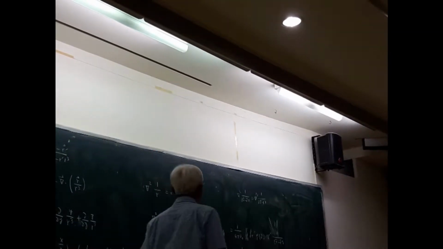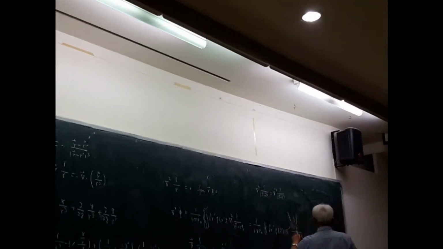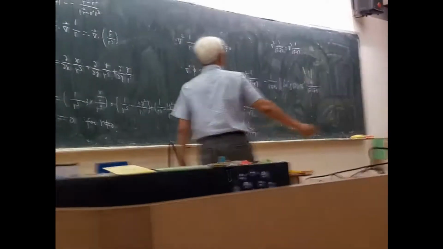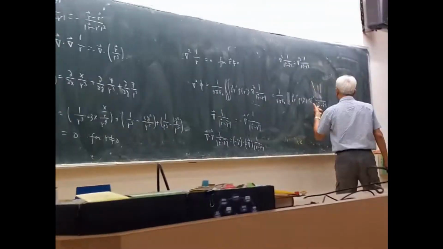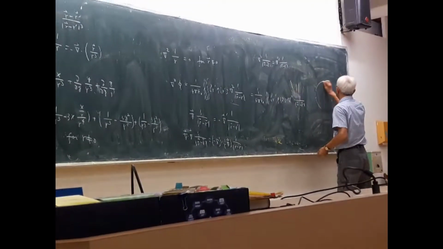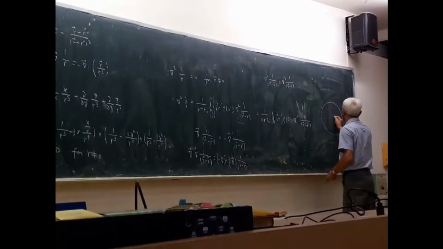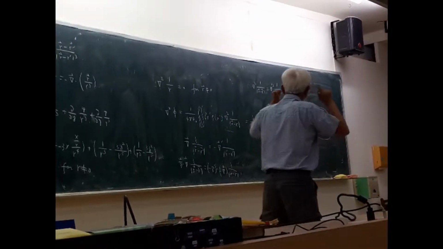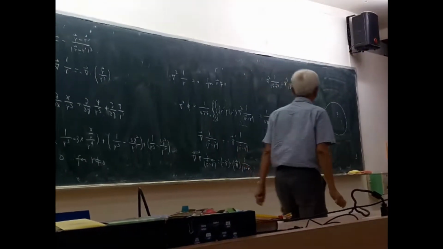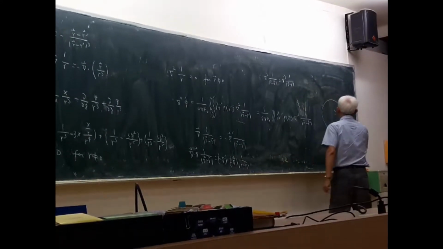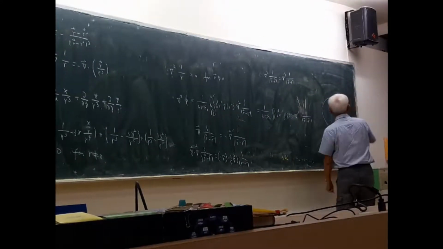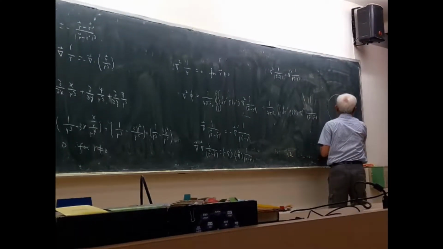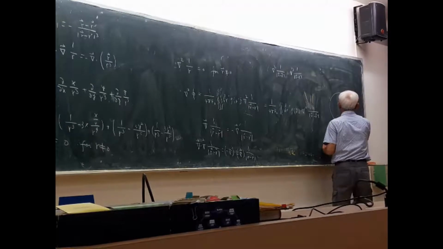Okay. Now, as we said, when R is not zero, this is zero. When R is not equal to R prime, you are doing integration of R prime, and everywhere is zero except here, surrounding the R, right?